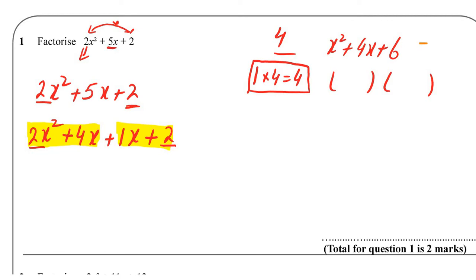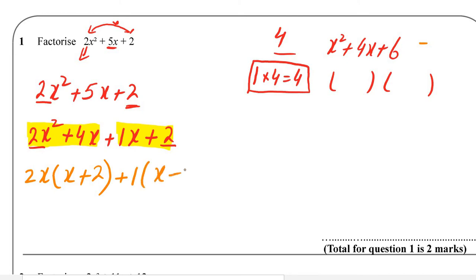When you get the pairs, we have to factorize. 2x squared plus 4x, we can factorize, which means we take out a common factor. I can take out 2x, and inside the bracket what is left is x plus 2. This is called factorizing; you learn this in year 7, 8 and 9. From the other pair, you can't take anything common, so you take 1 common.